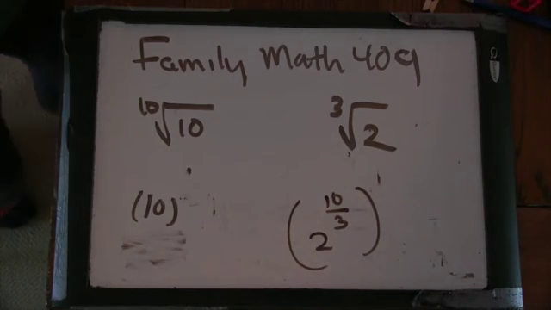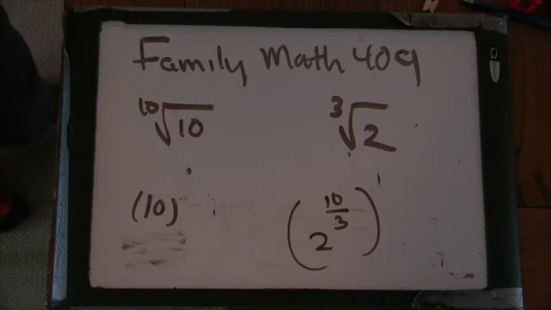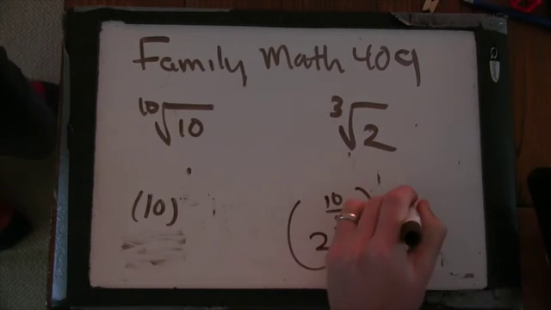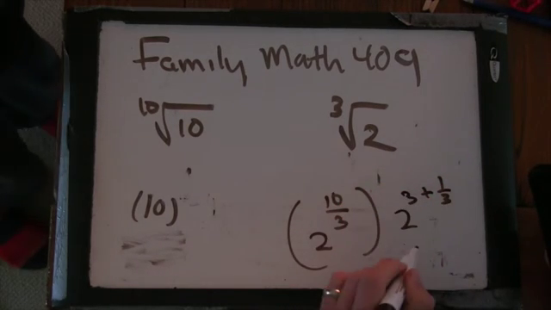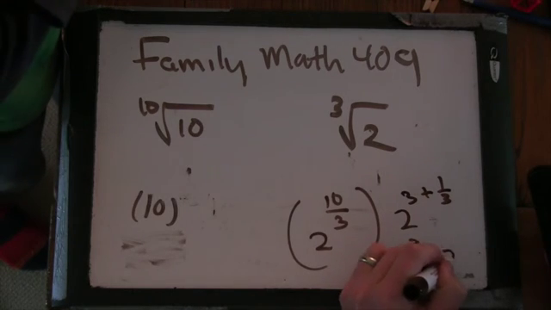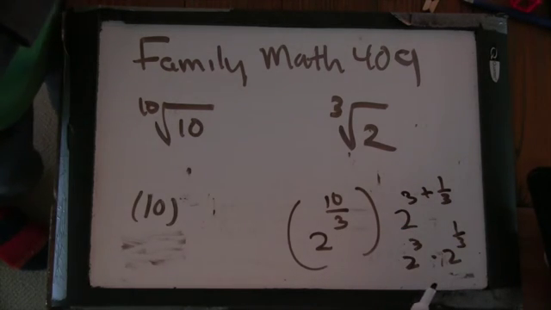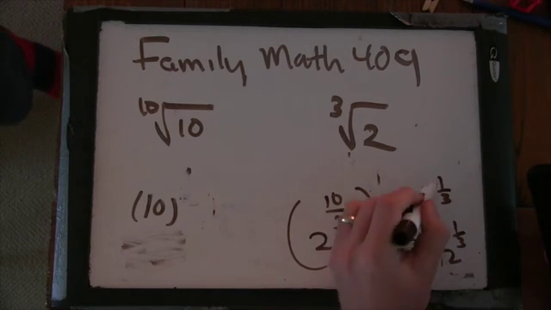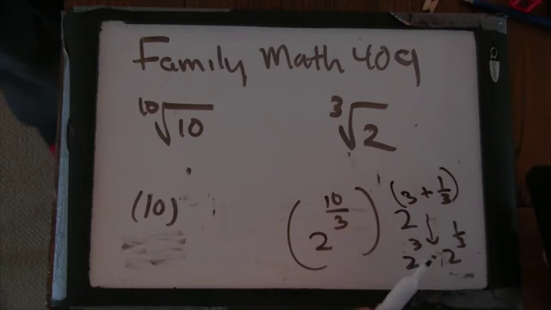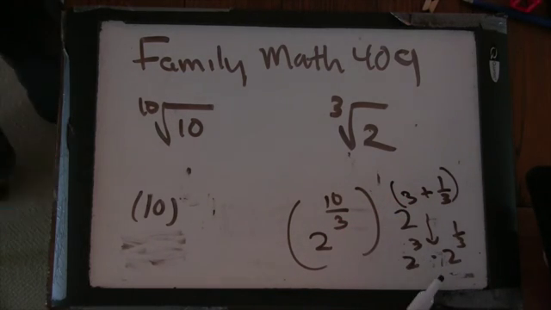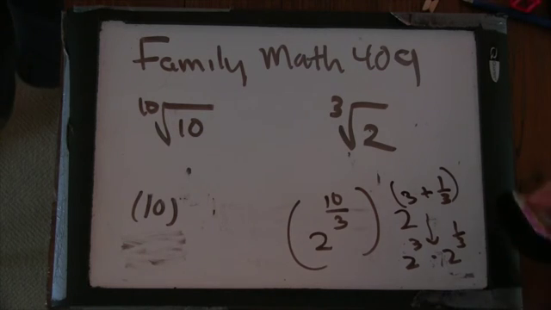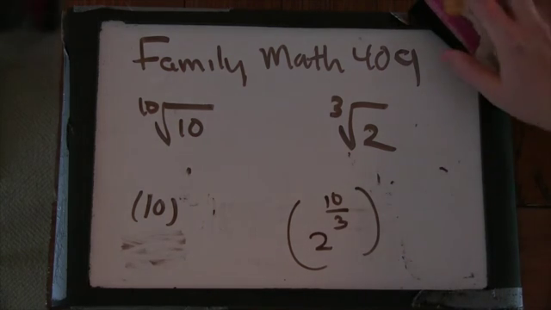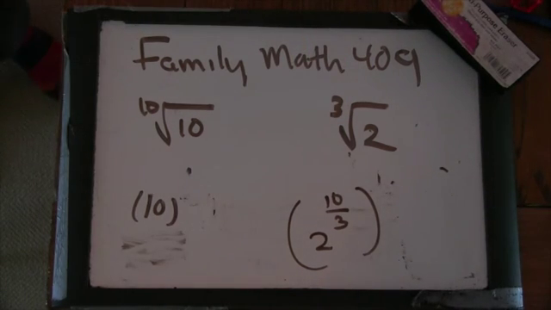That's true, but this is 2 to the 3 plus 1/3, which is 2 cubed times 2 to the 1/3, not 2 cubed plus 2 to the 1/3. If the plus in the power came down, then we would have had it. But it doesn't. It comes down as a multiplication, and we don't know what the cube root of 2 is. That's what we're just trying to find here.